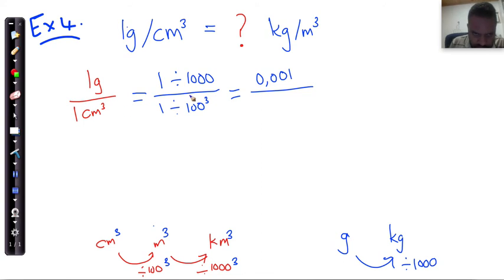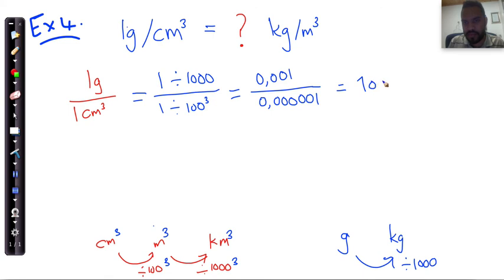And you can put this bottom number in the calculator, because when you put 1 divided by 100 to the power of 3, you're going to get 0.000001. And then you simply divide these two numbers on the calculator, and you're going to get an answer of 1,000. Just type it in the way you see it here completely, and you will get 1,000.